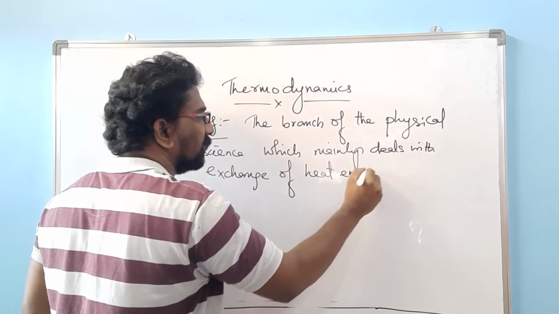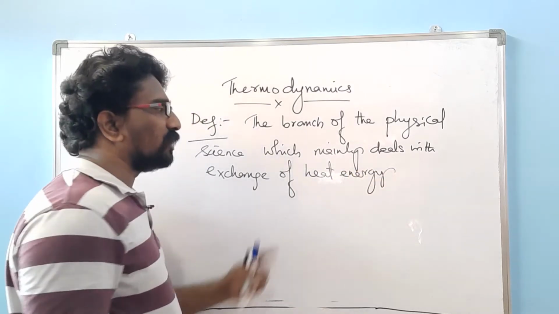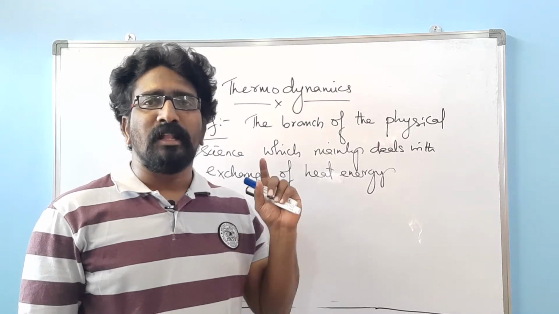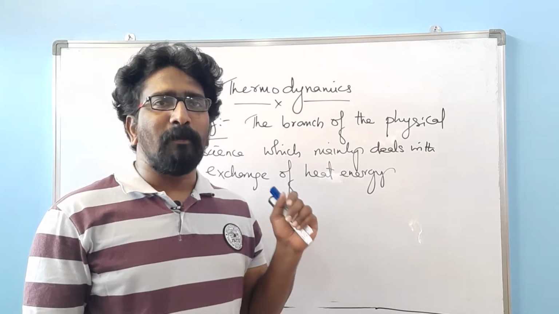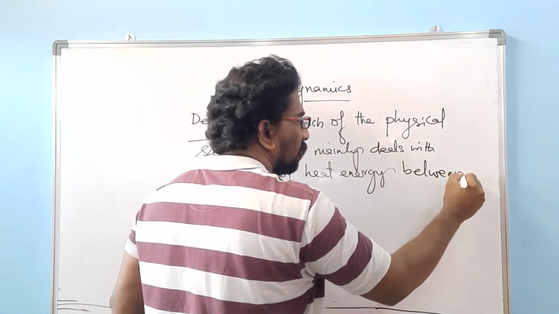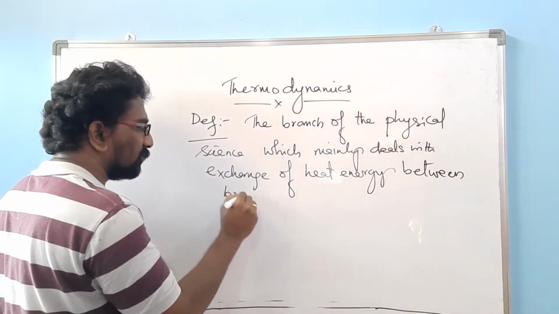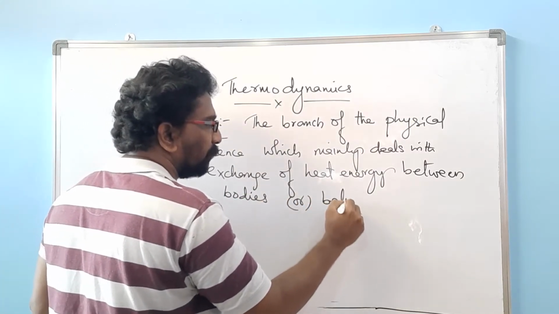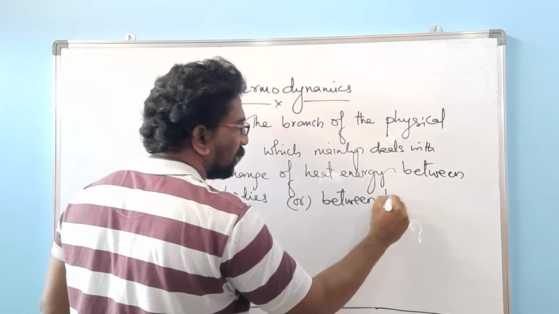It means that here the exchanging of heat energy takes place. So where does this exchange of heat energy take place? It will happen between bodies, or between a body and the surrounding area.